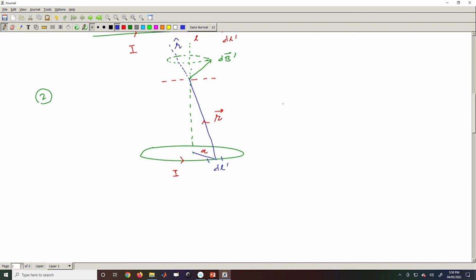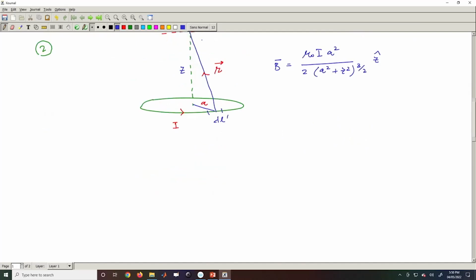We calculated it and we found that the magnetic field is, if this is z, mu 0 I a square divided by 2 times a square plus z square to the power 3 by 2, and that was in the z direction, because the horizontal components cancel out and we have only one direction along z. This is the z unit vector.